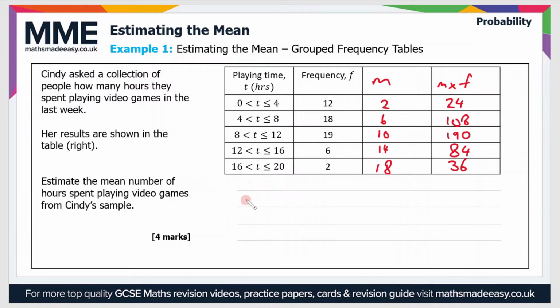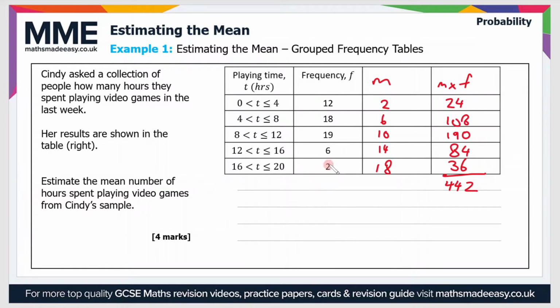Now we're trying to estimate the mean here, and the mean is the sum of the items divided by the number of items. So items in this case is the hours spent playing video games. So the total time spent playing video games we'll get from summing up the midpoint times frequency column. And if you do that, so you add all those values together, you get a value of 442 hours in total.